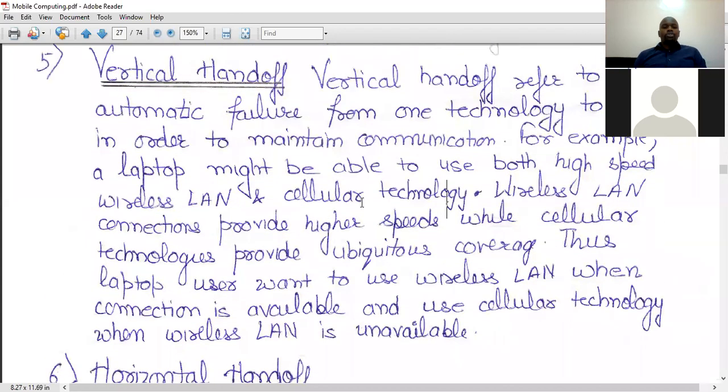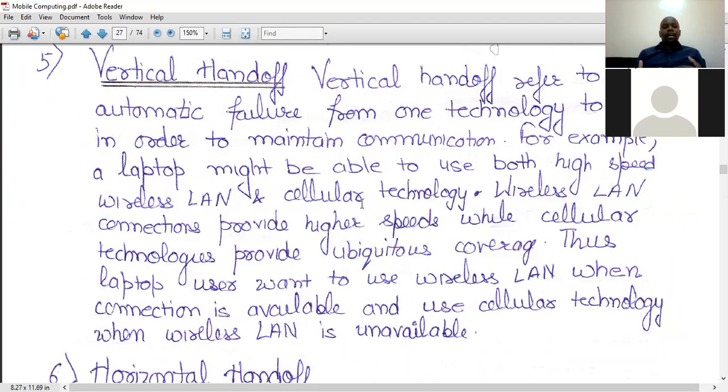So as that happens, as you move from that particular connection from your laptop using the wireless LAN to your laptop using the hotspot connection of your phone, then there will be what we call vertical handoff, handing over control of these particular frequencies, because the wireless LAN uses a different frequency and the hotspot frequency is another different frequency.